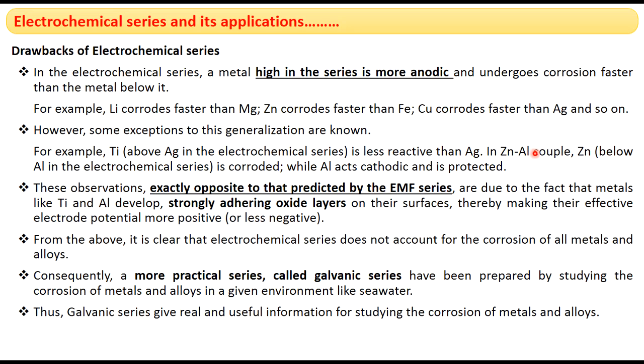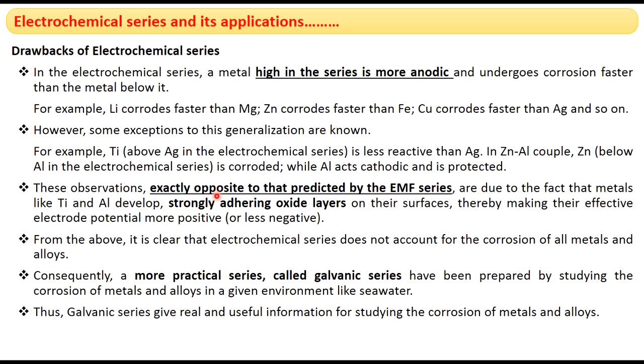The same is the case with the zinc and aluminum couple. Zinc is below aluminum in the electrochemical series, but zinc is corroded. Zinc acts as anode and aluminum acts as cathode. This is opposite to the prediction of the electrochemical series.